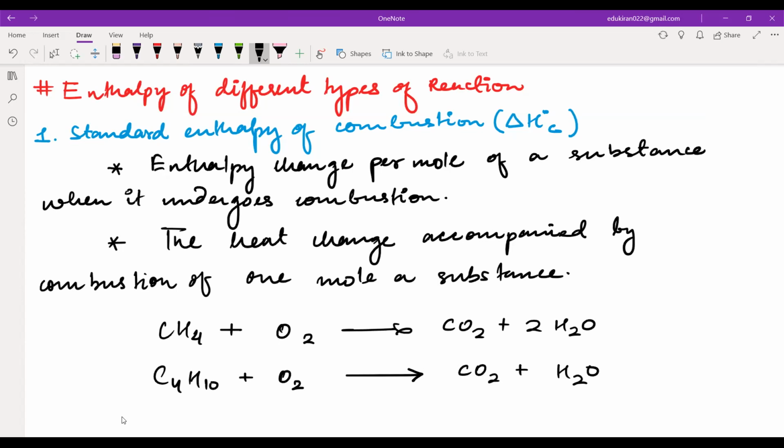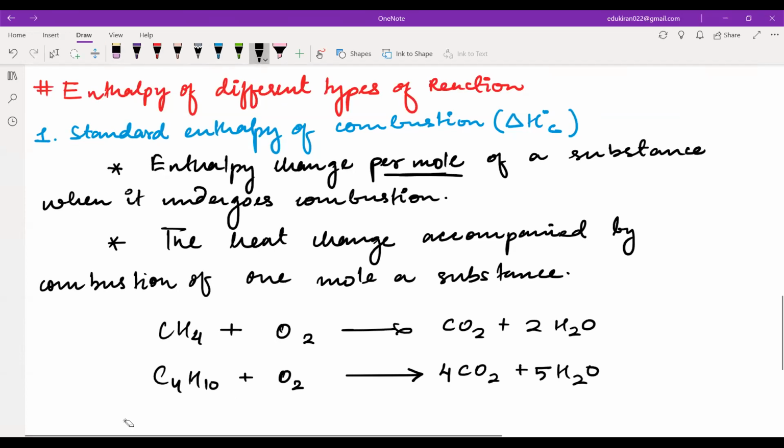But how much CO2? You will be getting 4 CO2 molecules, right? And how much H2O? You will be getting 5 moles of H2O. Now you just balance everything. Don't balance this part. This will be 1 mole only, no matter what, because the definition says enthalpy change per mole. So this is not going to change.